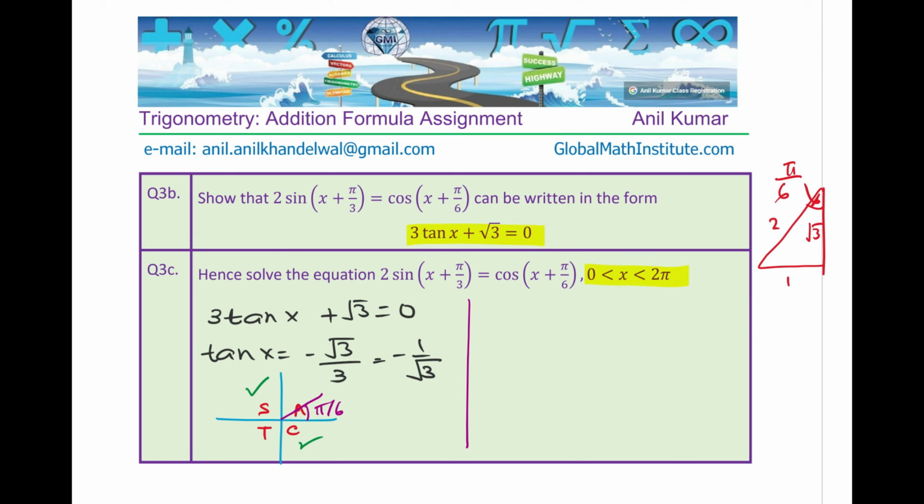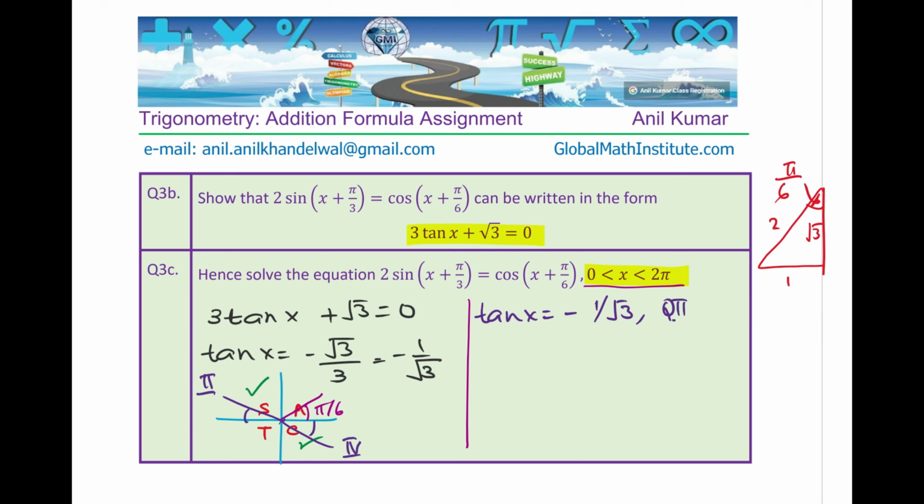So from here, within this domain of 0 to 2 pi, we get two solutions. And these two solutions are, which one? Tan negative means we're looking into quadrant 2 and quadrant 4 with related acute angle of pi by 6. Correct?